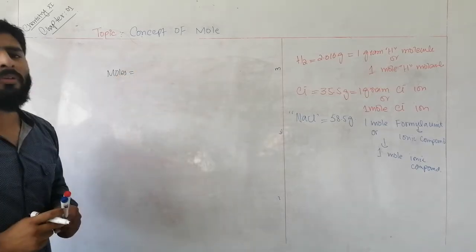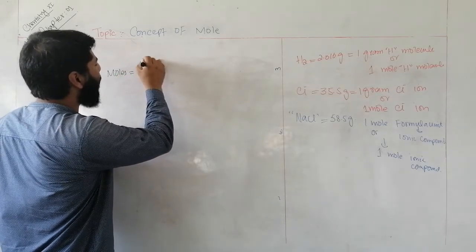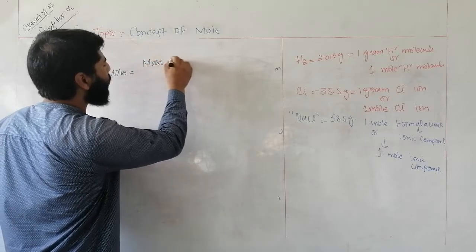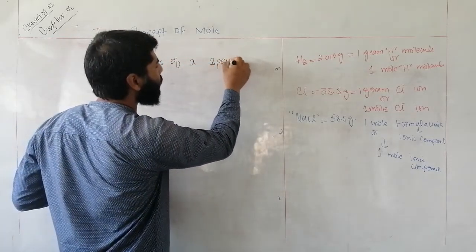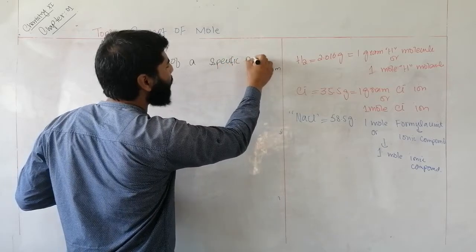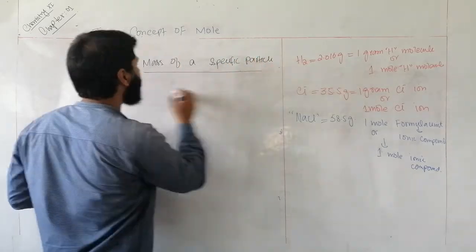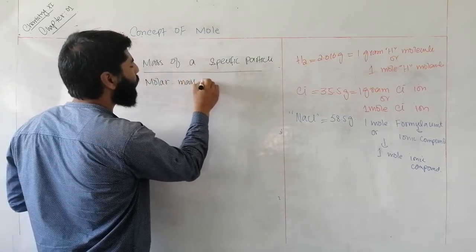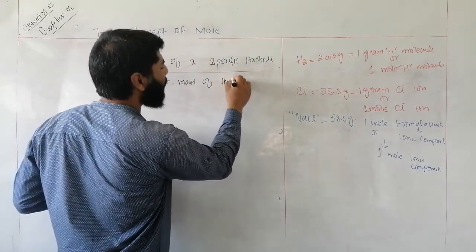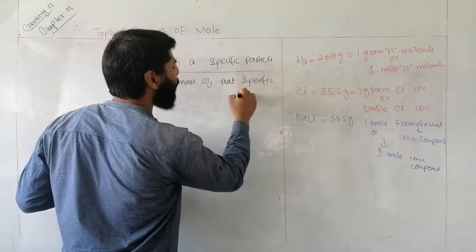In order to find the number of moles of any substance, you can write that moles will also be known as the ratio of mass of a specific particle to the molar mass of that specific particle.